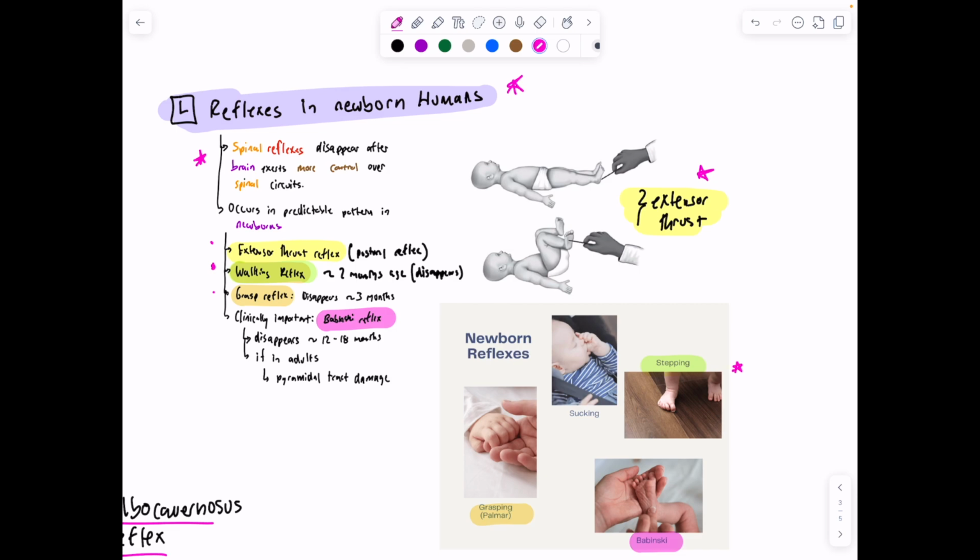So if you lift the baby upright and hold them, and you have pressure on the bottom of their foot, it will stimulate their legs to move. And then you have the grasp reflex, which is possibly the cutest reflex, and it will disappear around 3 months. And then you have Babinski, which disappears around 12 to 18 months. And if it is present in adults, it's evidence of pyramidal tract damage.